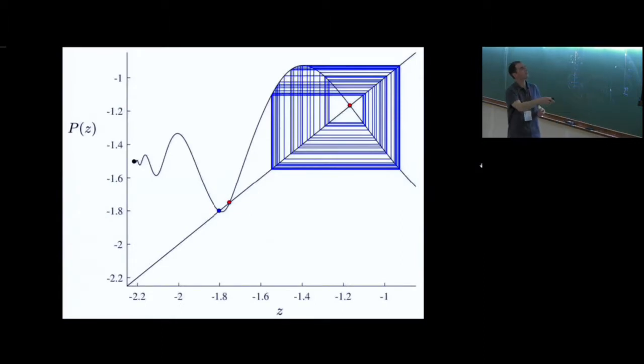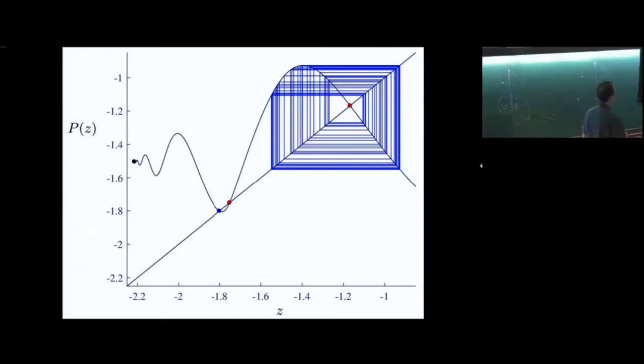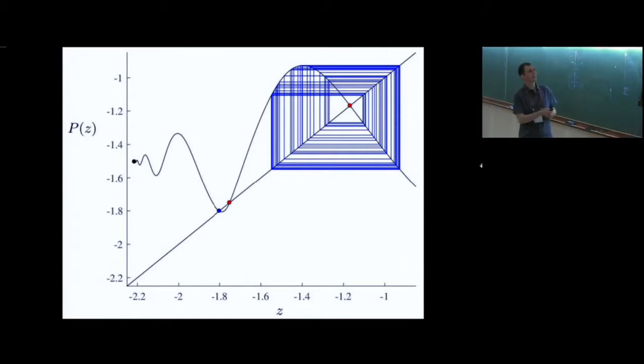And here's what the map looks like. It's kind of wiggly, and by putting in the 45-degree line, we can see we get a stable fixed point, so that corresponds to the stable periodic orbit. And well, this part of the map is unimodal, and from our experiences with the logistic map and quadratic maps and so on, it's not surprising that we would get a chaotic attractor in there.